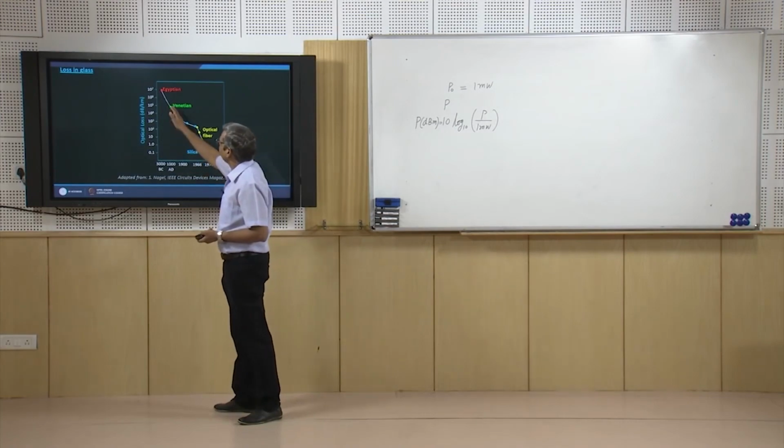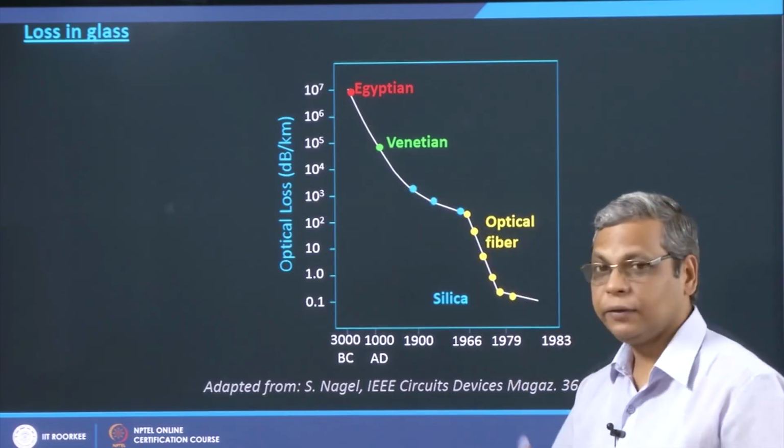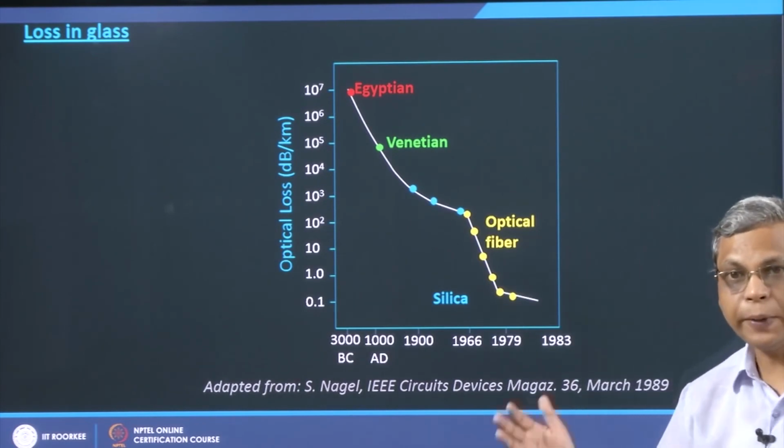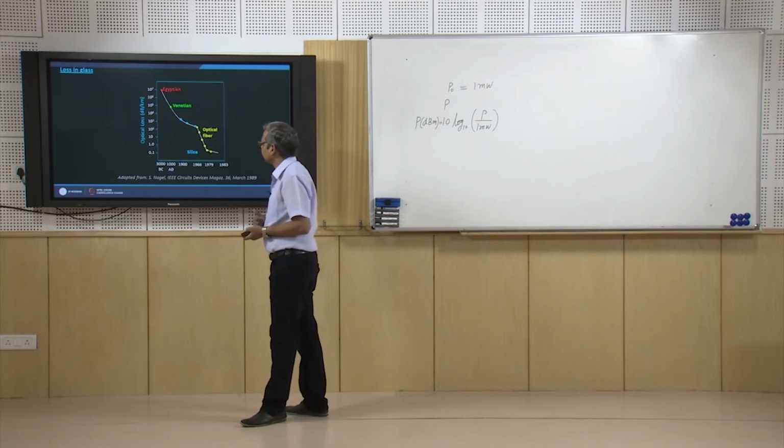When you come down to the Venetian age, the loss is about 10 to the power 5. The glass was almost opaque, you can't see through this.